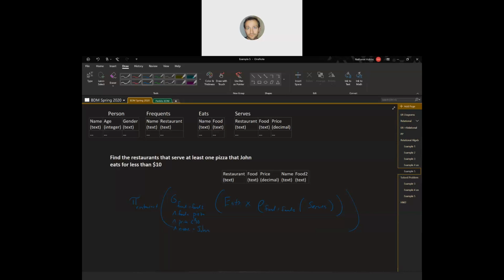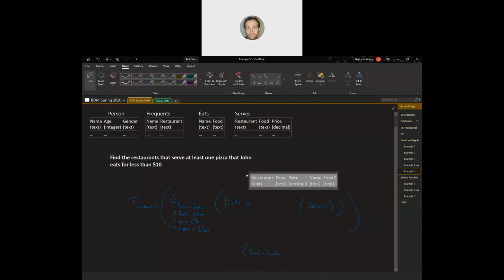Great. Oh, could you explain food equals food 2 again, please? Yeah. So here, if we just do a cross product, then the schema here that I've highlighted would look like this. And so you have two columns that have the same name.